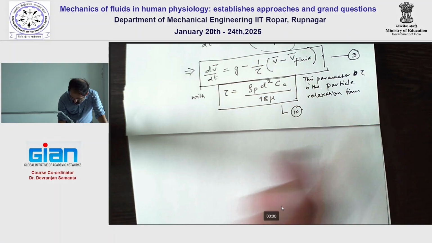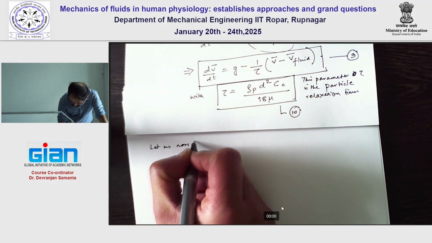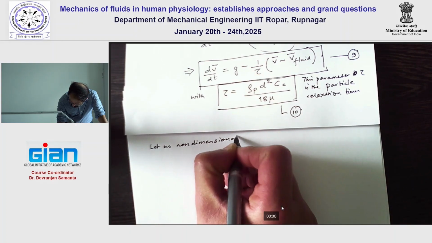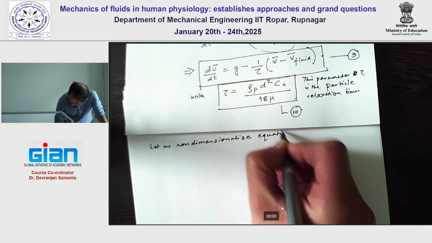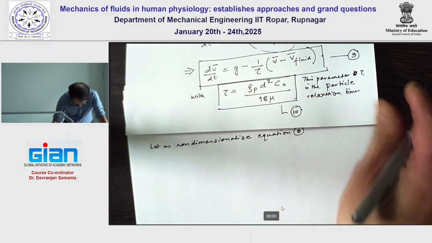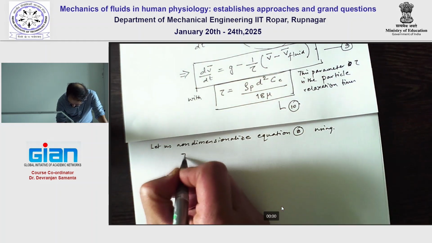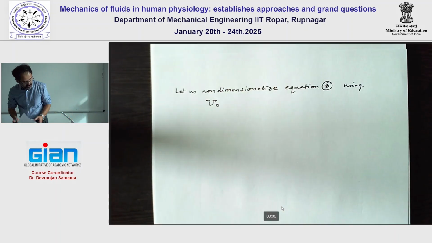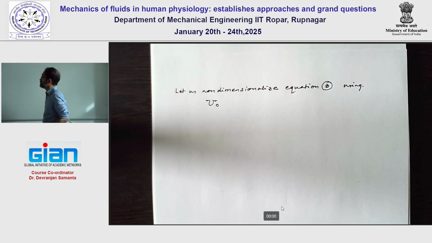So let us non-dimensionalize equation 9 using u naught. So u naught, you can think of it as a velocity in the fluid medium where you are trying to study the particle transport.